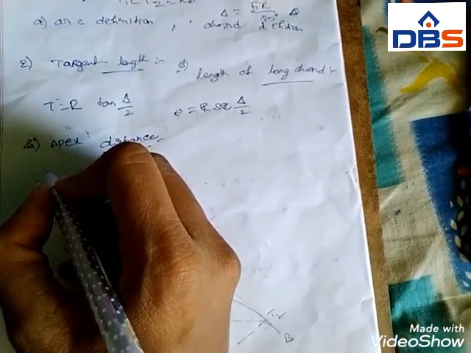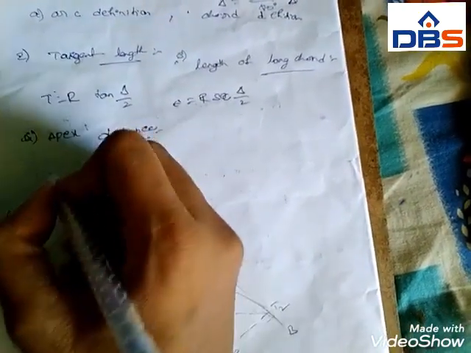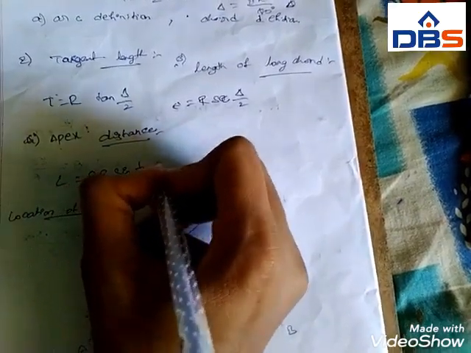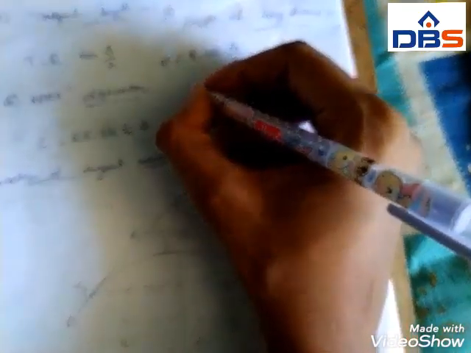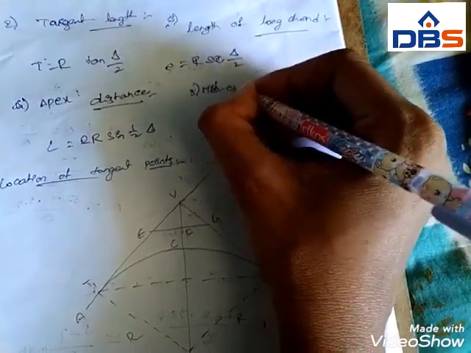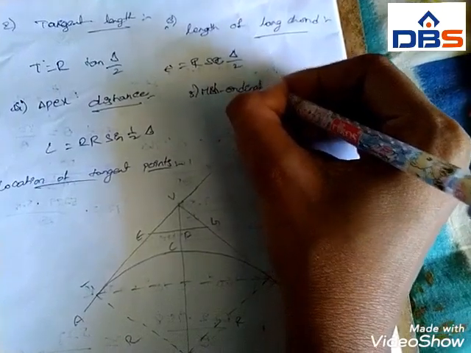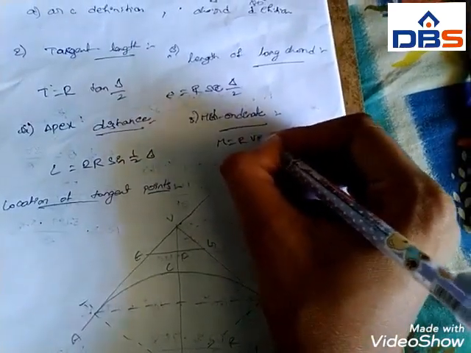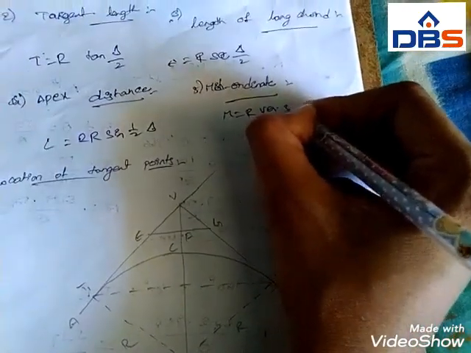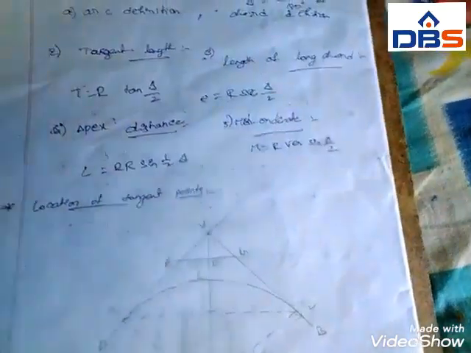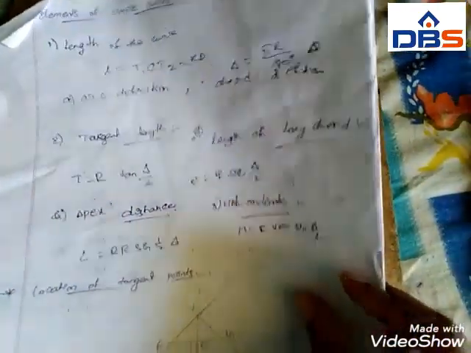For apex distance the value is R times secant half delta minus 1. Now fifth one is mid-ordinate. M is equal to R times one minus cosine delta by 2. Now this is about the elements of the simple curve.